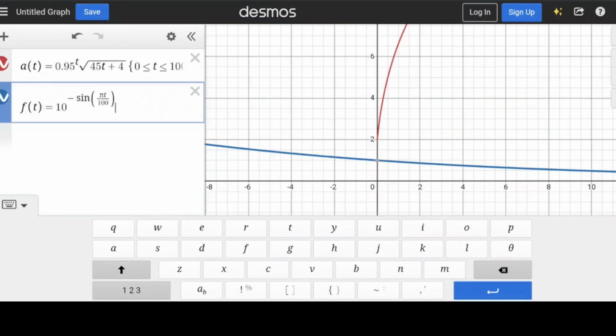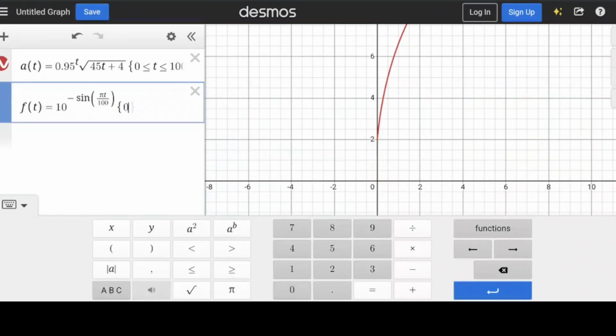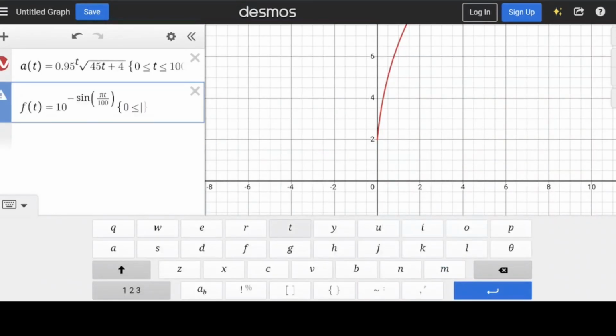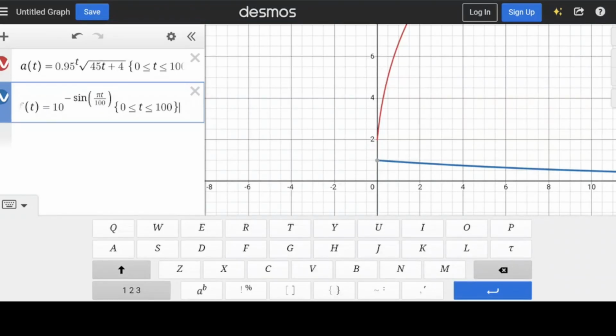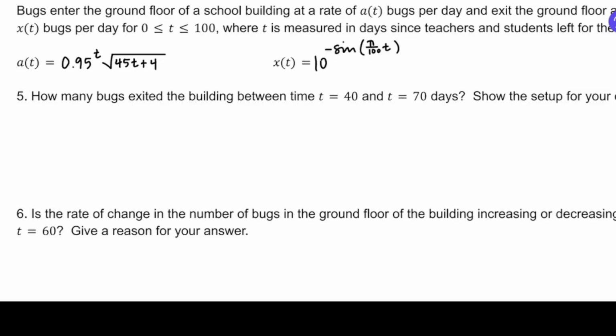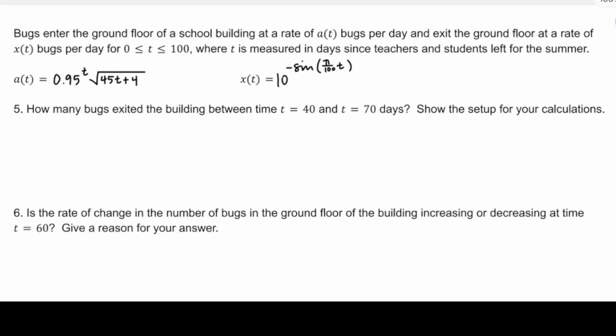One thing I was going to point out is that we can restrict the domain of one of these functions using that curly brace. So 0 less than or equal to t, less than or equal to 100. I'm pretty sure that's the restriction here. Let me go back and look real quick. Yeah, both for 0 to 100.